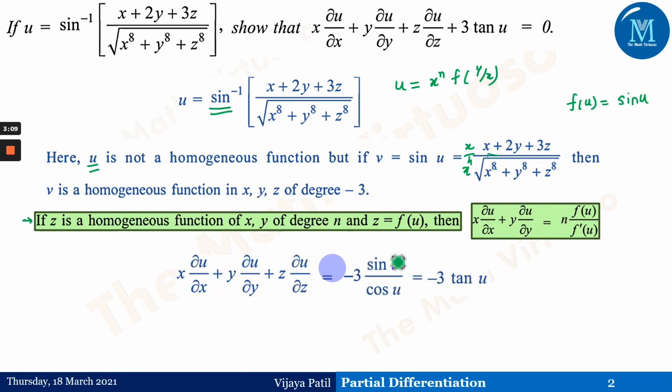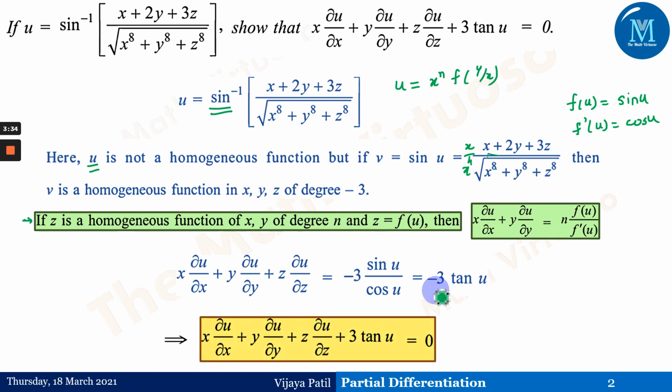Therefore, we could directly write down here that x dou u upon dou x plus y into dou u upon dou y plus z into dou u upon dou z is equal to minus 3. As I have told you, f of u is sine u, and therefore f dash of u becomes cos of u, and that's the reason we have written here minus 3 sine u upon cos u, which is equal to minus 3 times tan of u.